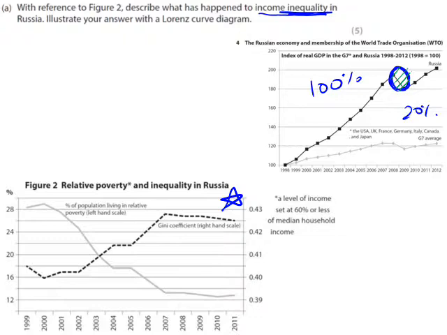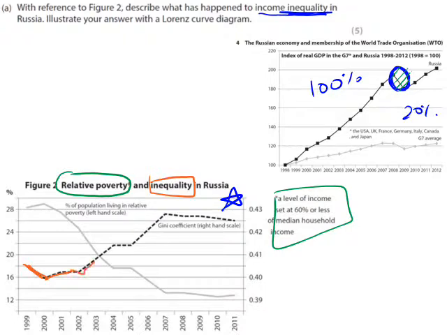What we have to be very careful of is in this diagram there are 2 different measurements here. There is relative poverty, and it gives you the definition for relative poverty here, but there is also inequality, and the one that's showing inequality is this line, which is showing the Gini coefficient. Even though it does improve slightly towards the end, what you are looking for is the overall trend.